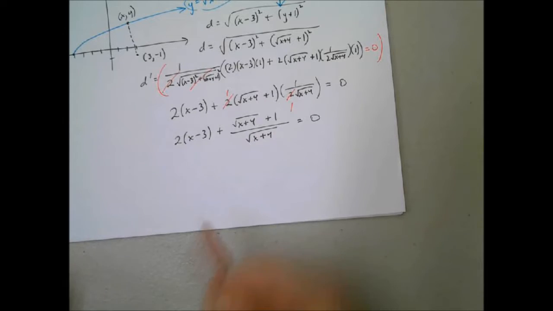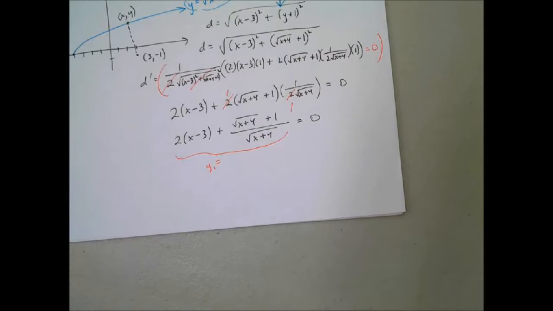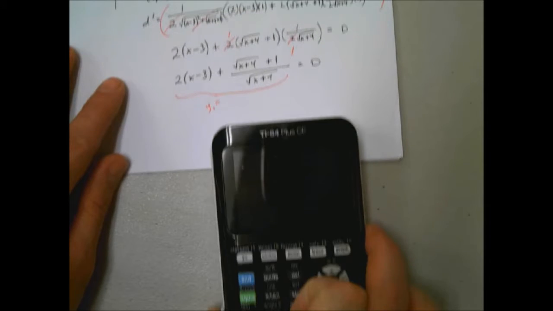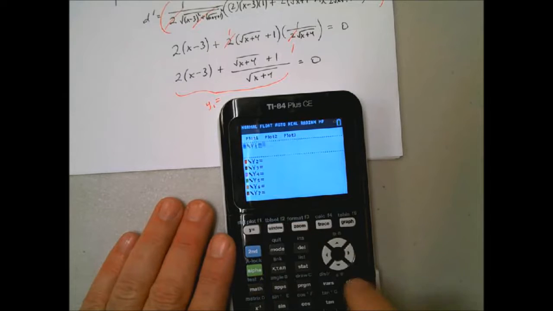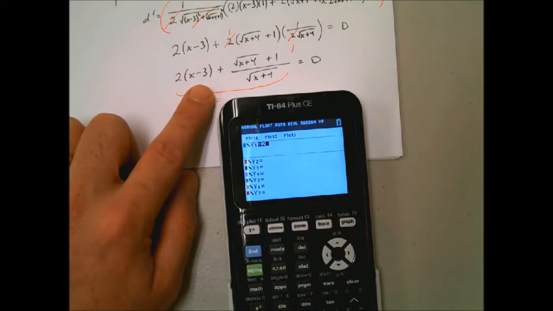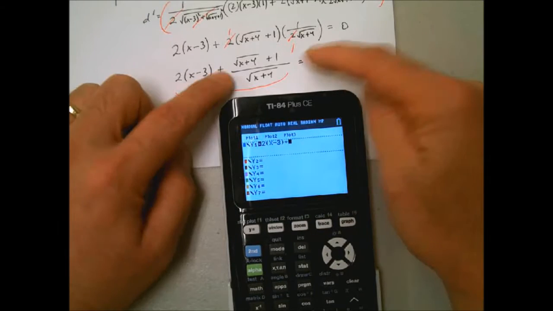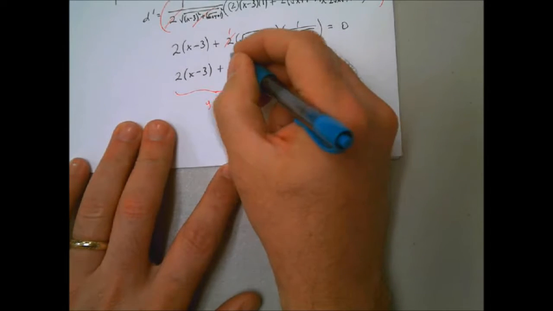So if I plug this in the graphing calculator, y sub 1 equals 2 times parentheses x minus 3, plus, okay, now if you have a fraction, make sure it knows what's in the numerator and what's in the denominator. And it won't know unless you use parentheses.